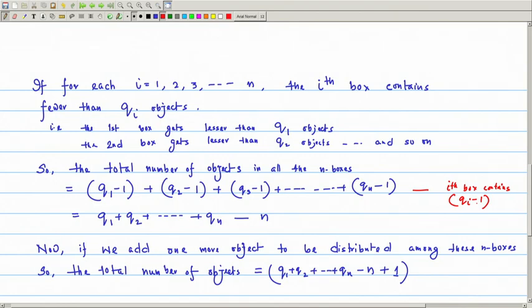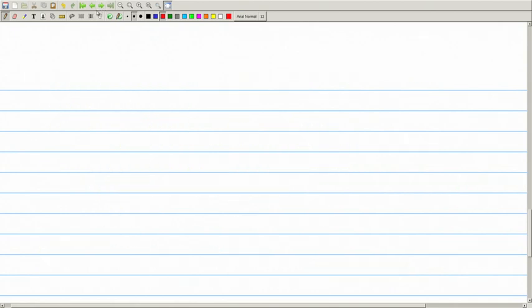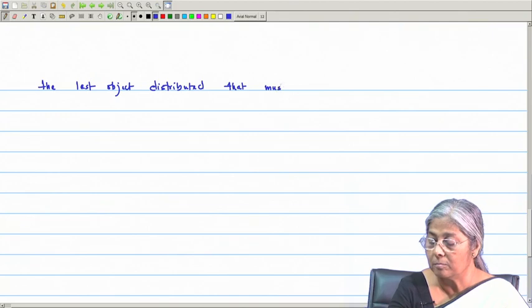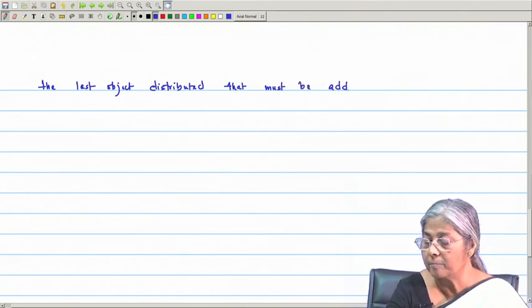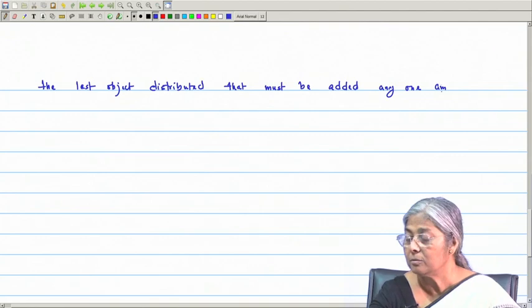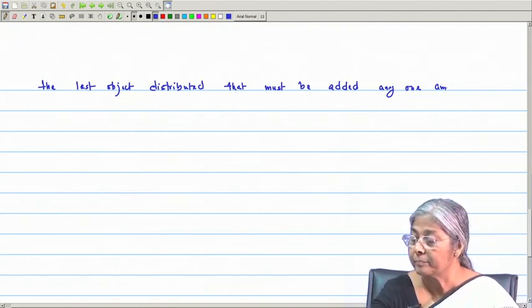So, when we have added one object, that last distributed object must be added to any one of the boxes among these n boxes.